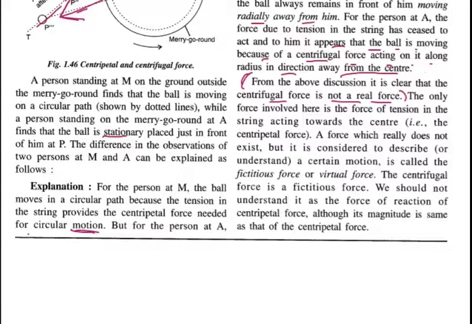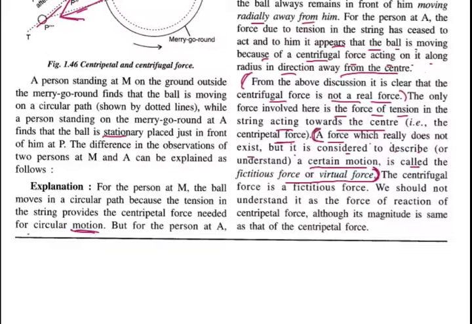The only force involved here is the force of tension in the string acting towards the center, that is the centripetal force. A force which really does not exist but is considered to describe or understand a certain motion is called a fictitious force or virtual force.